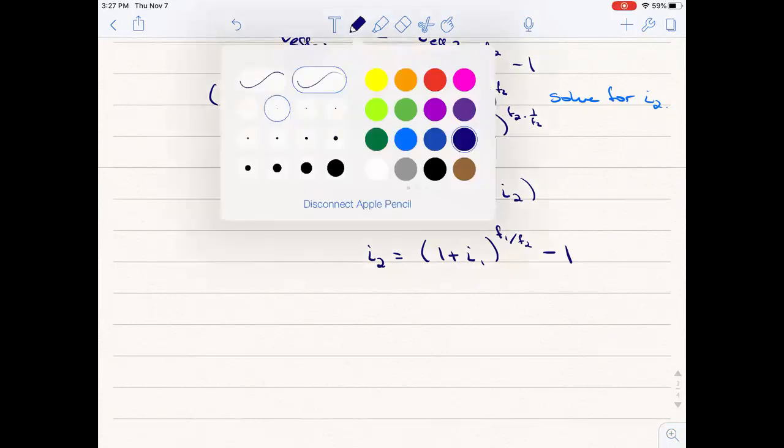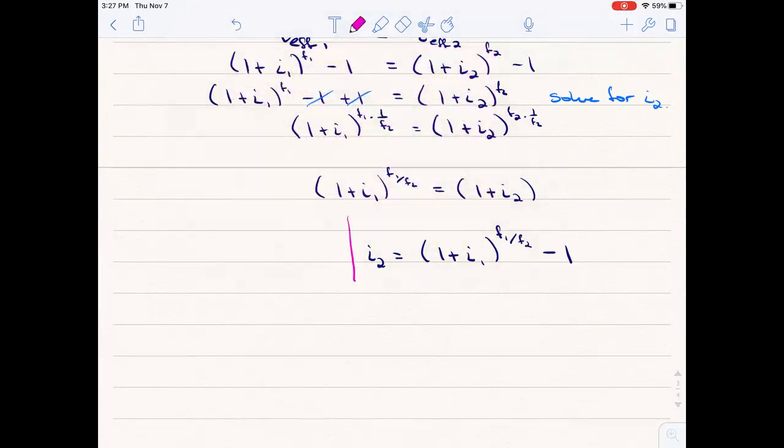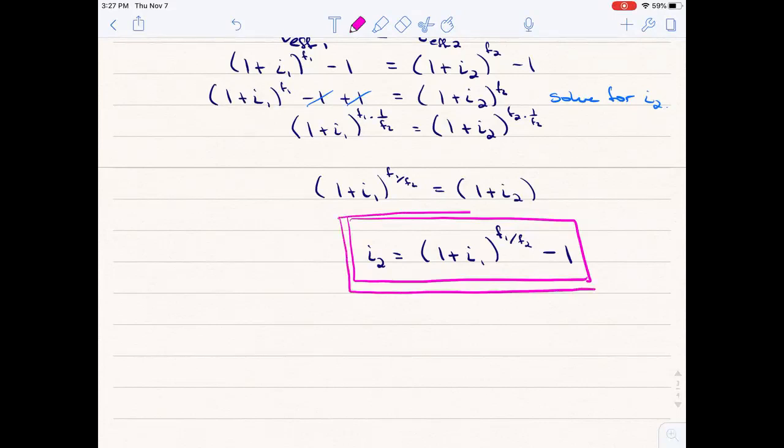And this is on your formula sheet. I'm going to put a double frame around it. That's how important it is.